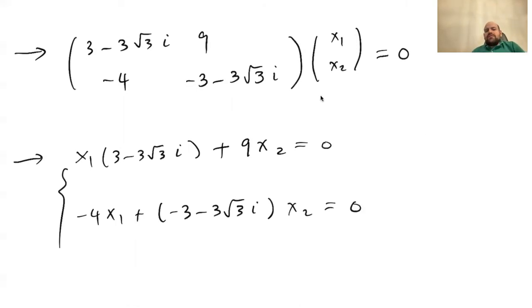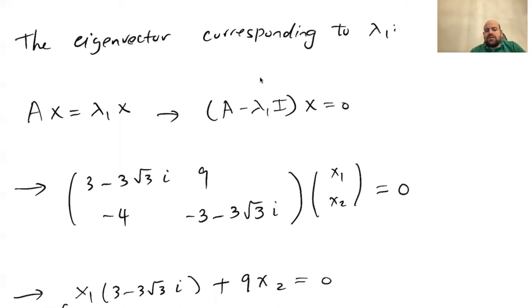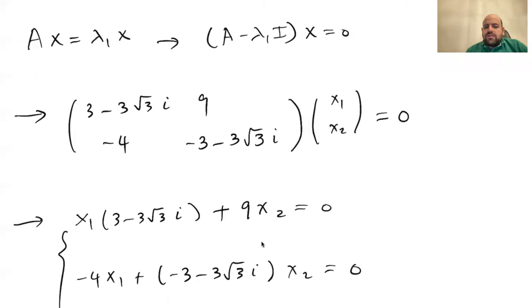Now remember, we said that this matrix is not invertible, which is the case here, because we found the eigenvalue in a way that the determinant of this matrix becomes 0. In that case, if you have a linear system in this form, you have two equations, but one equation is the repetition of the other one, because once this matrix is not invertible, the system is going to have infinitely many solutions.